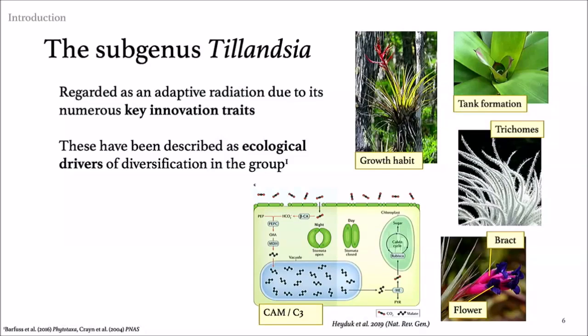And then there's also a very wide variety of flower color and bract color as well. So you can imagine how, with all these different key innovation traits, if they occur in different combinations, then definitely you're generating really diverse phenotypes, and they can occupy all kinds of different niches. And that's often how this radiation has been described in the past.